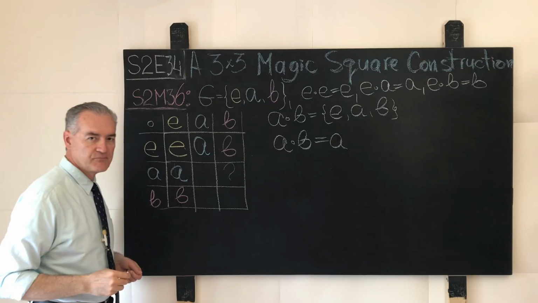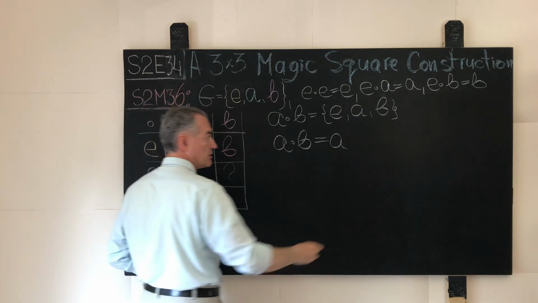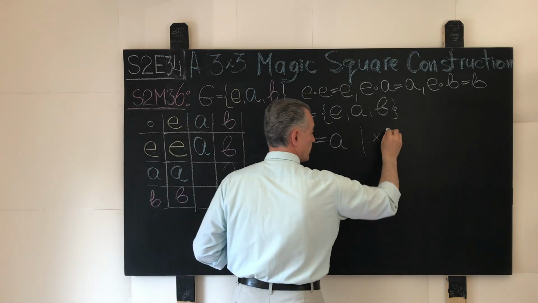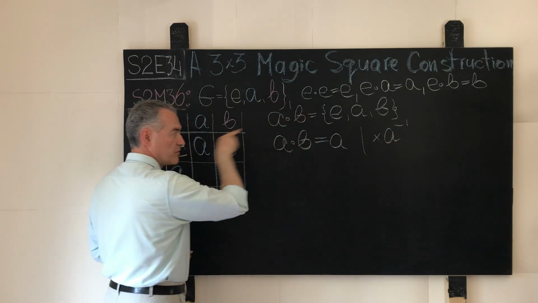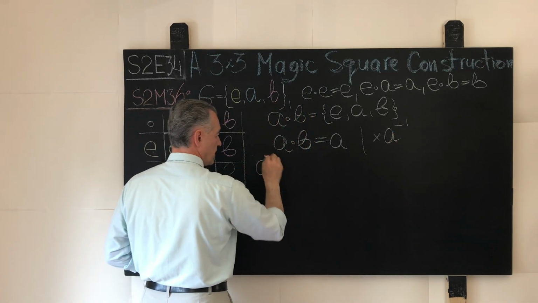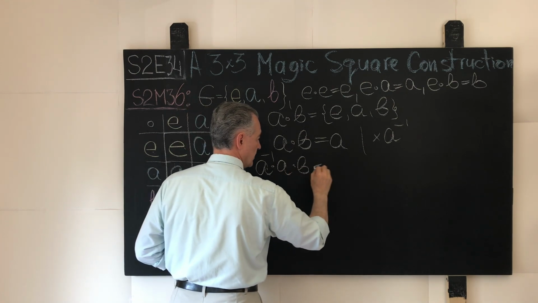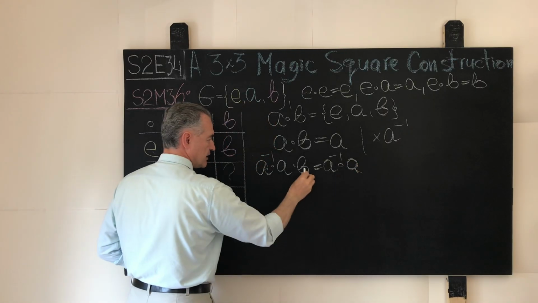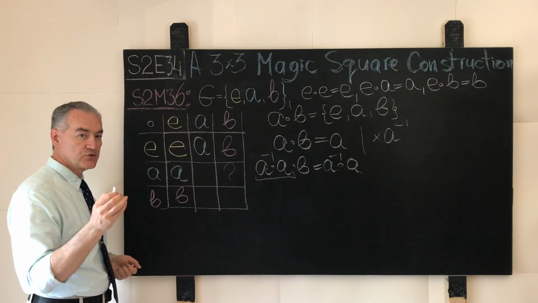Can this situation occur? This is our elimination round. If we multiply this equality by the inverse of A, denoted A to the minus first power, from the left, then we have A to the minus first times A times B equal to A to the minus first times A. This is exactly where we reuse the fact that the group operation is associative.